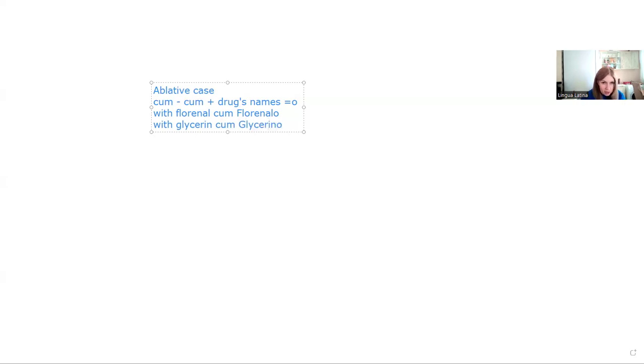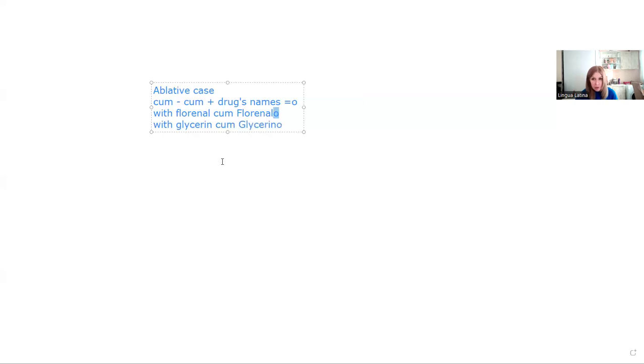You see, it has the ending o. Ending o is the singular ending for nouns of the second declension in the ablative case. Cum fluorinolo, cum glycerino, cum paracetamolo, cum novocaino.